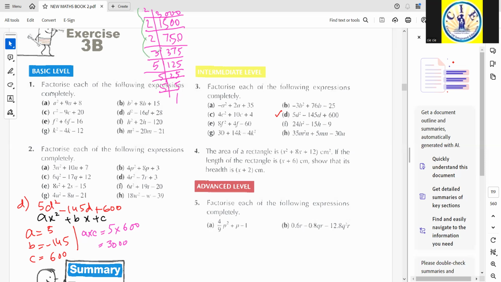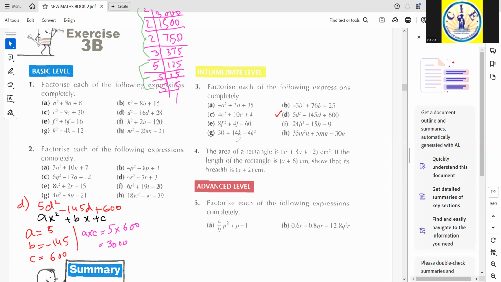And this is 5 times 6, 30, and 145. Okay, that means we cannot be sure about this 5 times 5 times 5.